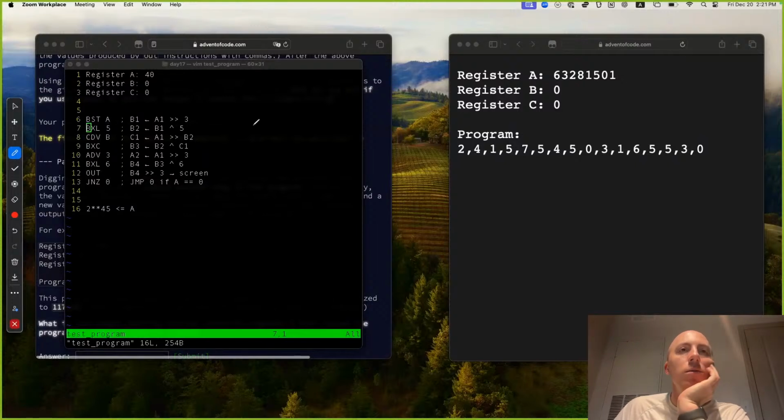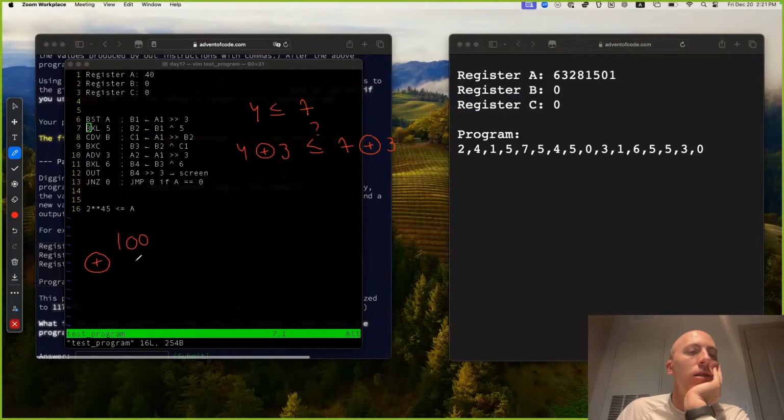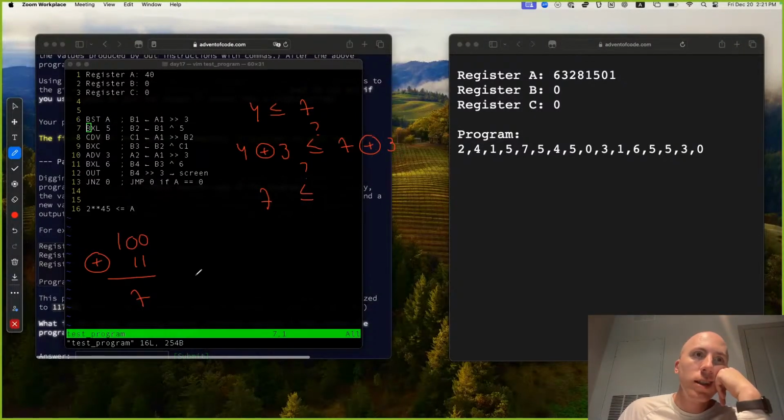So say we have 4 is less than or equal to 7. Then we do 4 XORed with 3 is less than or equal to 7 XORed with 3. So 4 XORed with 3 is going to be equal to 7. But then you do 7 XOR 3, and you're going to get 4.